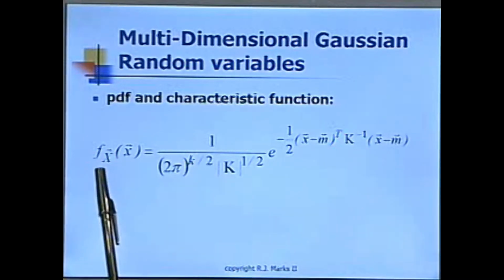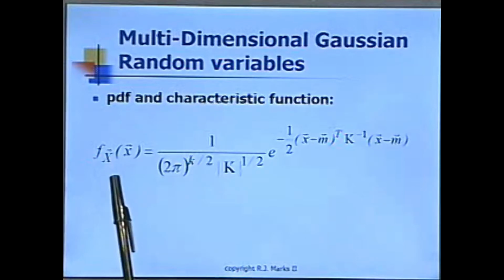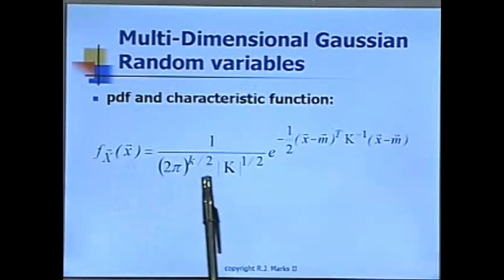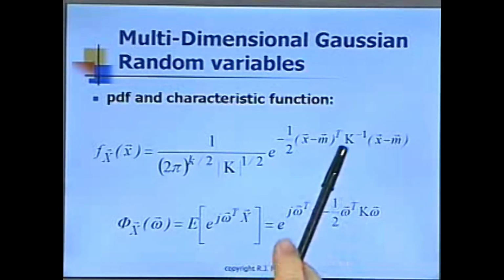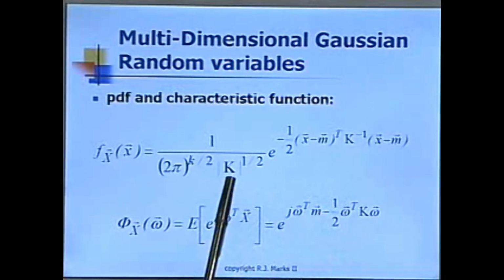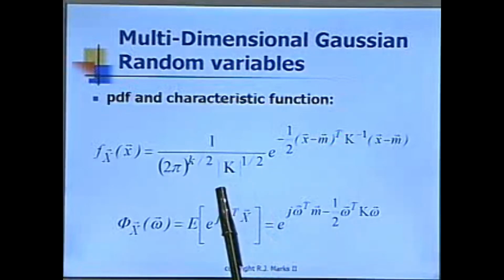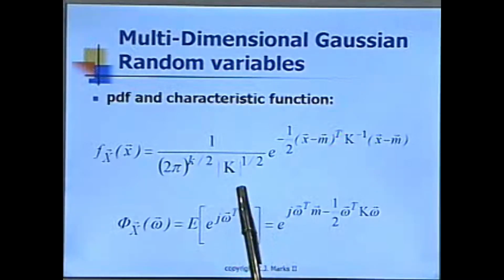If we were to have k dimensions, then this is the density function for the Gaussian random variable, where the K, if you recall, was the autocovariance matrix of the Gaussian random variable. Now, this has nothing to do with stochastic processes. This is a vector of Gaussian random variables that are related to each other. And this is a density function for that random vector.